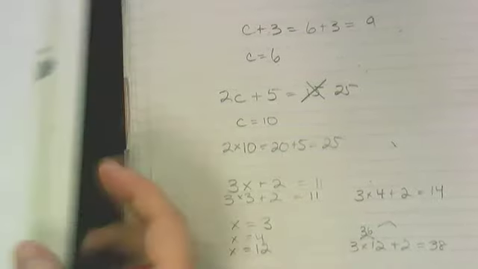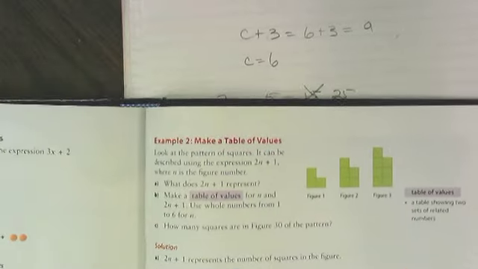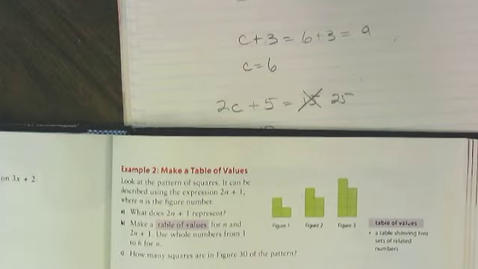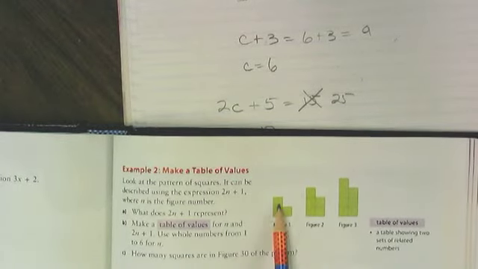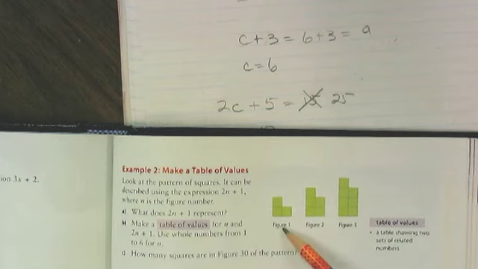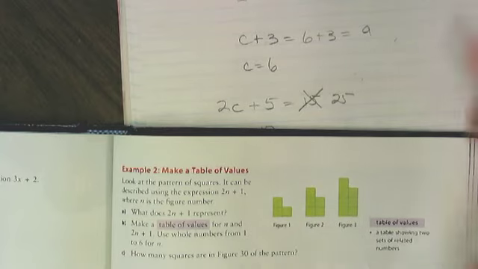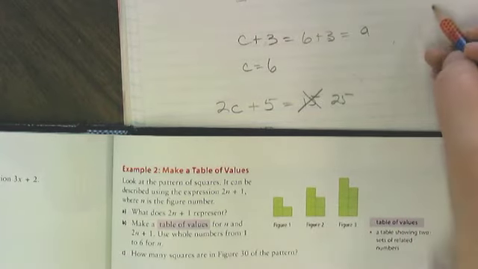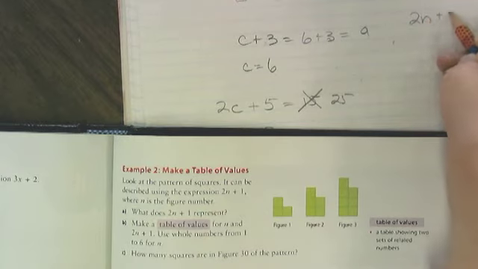Take a look at this pattern of squares. Okay, figure 1. Figure 2, figure 3. This pattern can be described by 2n plus 1.